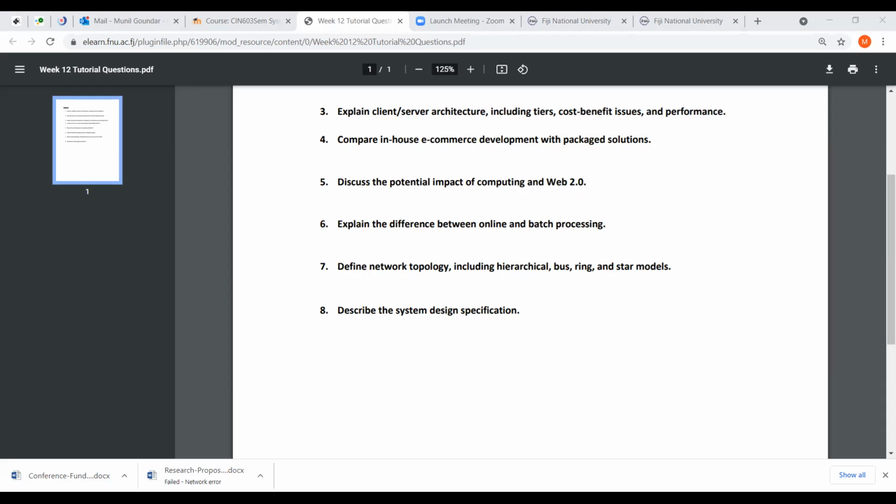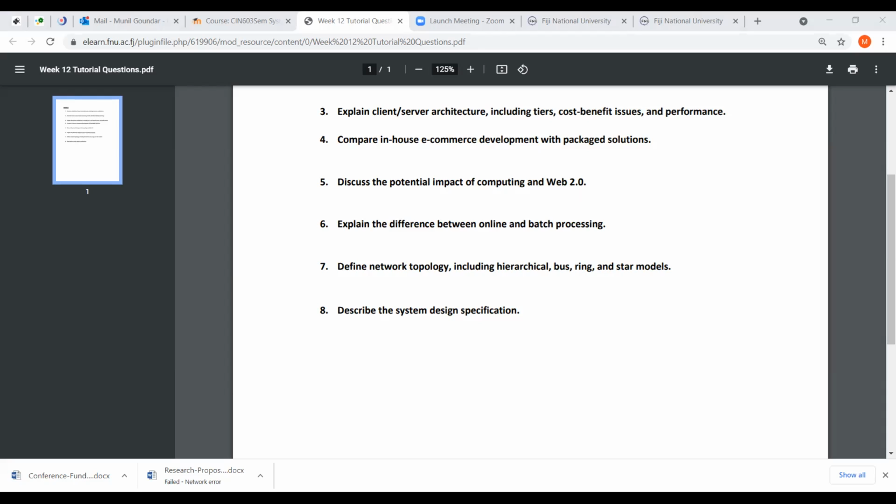Online processing requires constant dialogue. In fact, can you cut down requires and write down allows? Online processing allows constant dialogue between the user and the system.